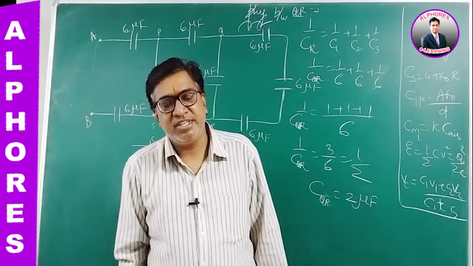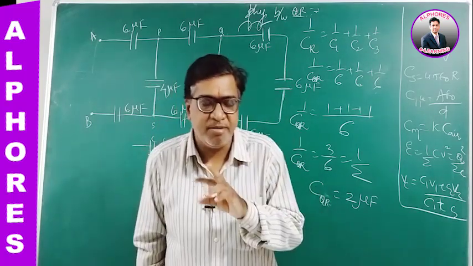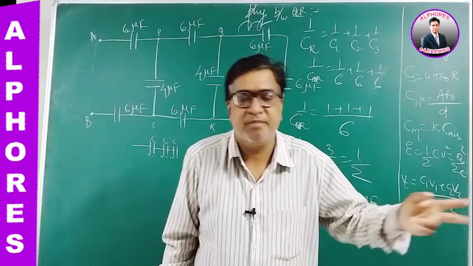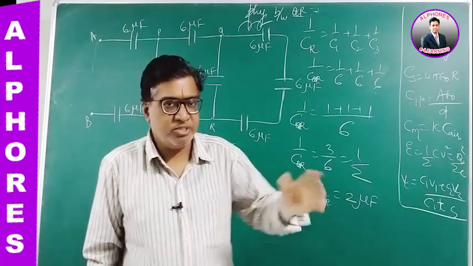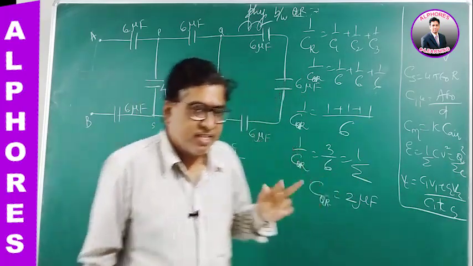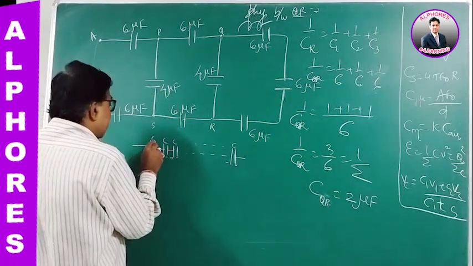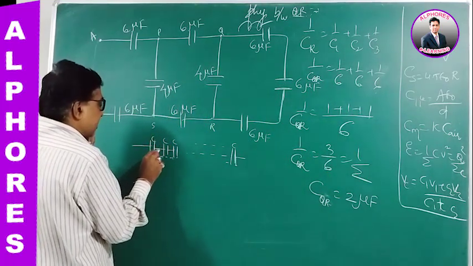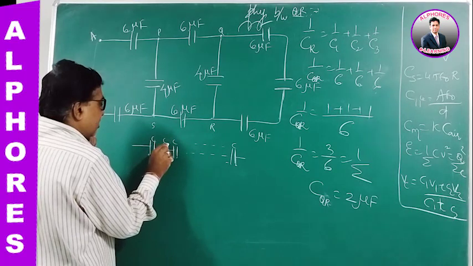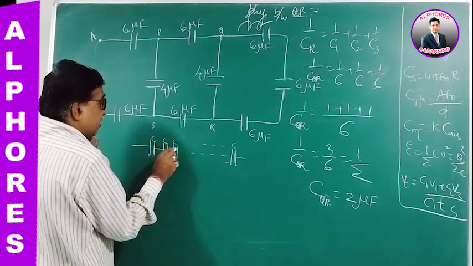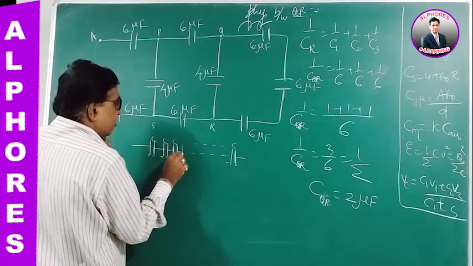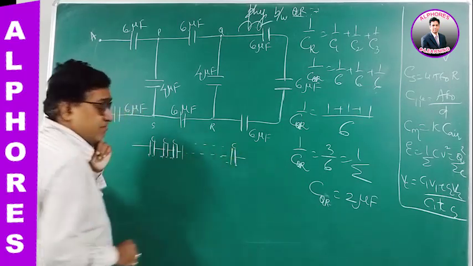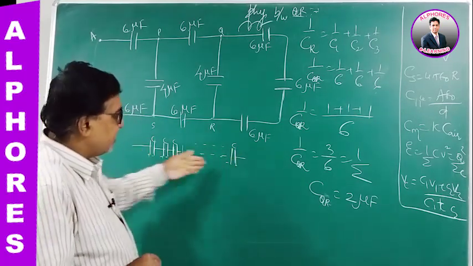Series combination is that in which the elements are connected such that the opposite terminals are joined together. Look here. The negative terminal of this one is connected to positive of this. The negative of the second one is connected to positive of the third. Negative of the third is connected to positive, and so on and so forth. So they are in series.